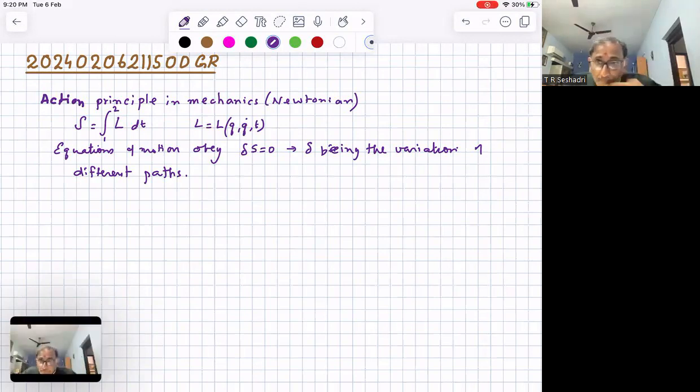Now, basically it means that if I have a point 1 and a point 2, and I have various paths, it can be anything. Along all these paths, I calculate this integral.